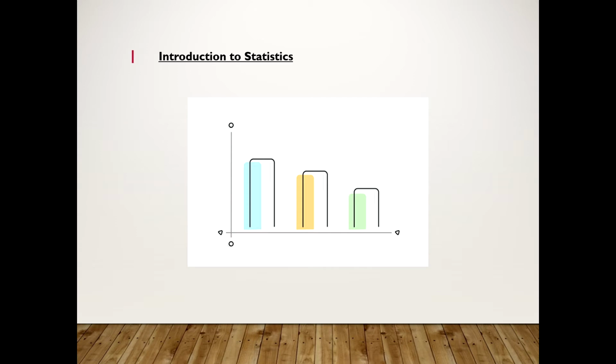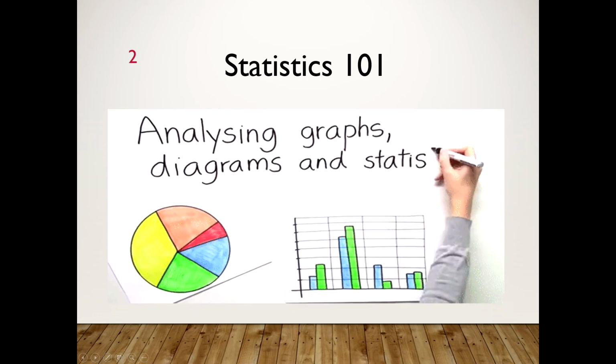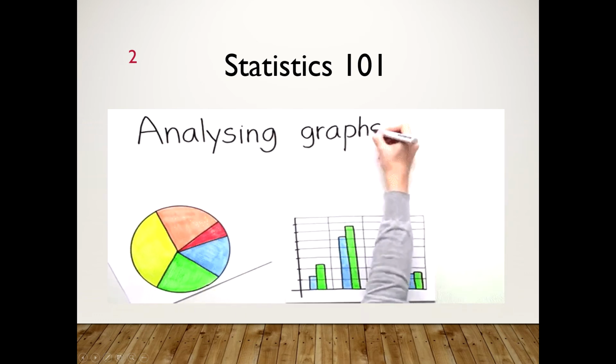Based upon different assumptions, we can just say it's a branch of collecting data and then presenting it in a meaningful manner so that it makes sense to you. That's the basic introduction of statistics. It's analyzing graphs, diagrams, and statistics.